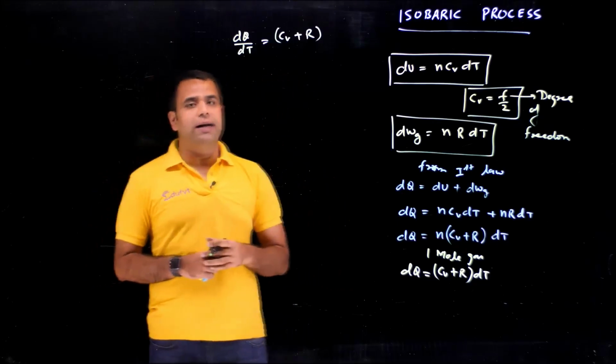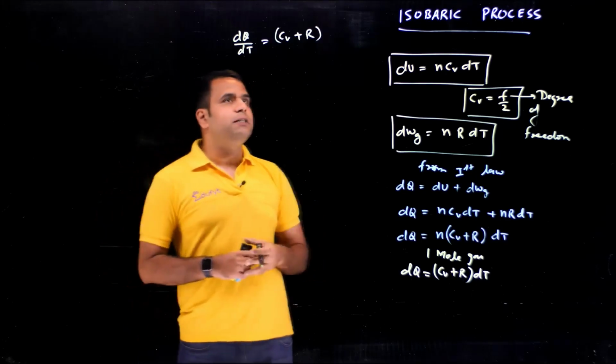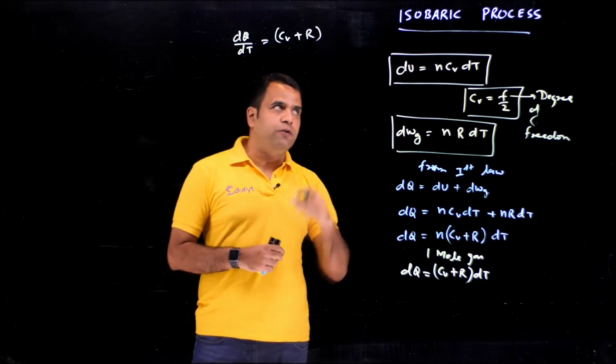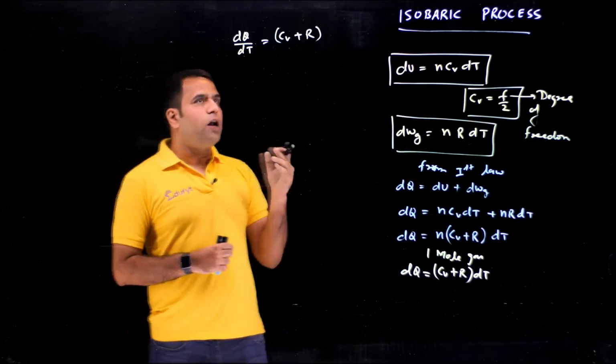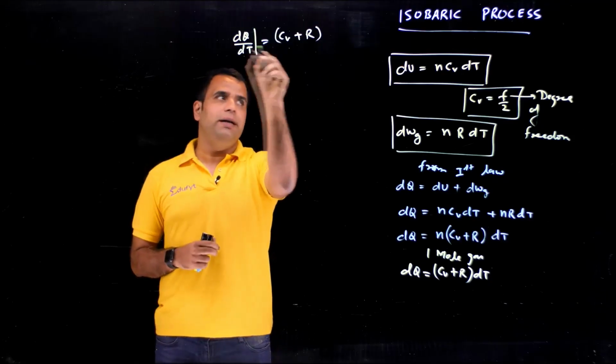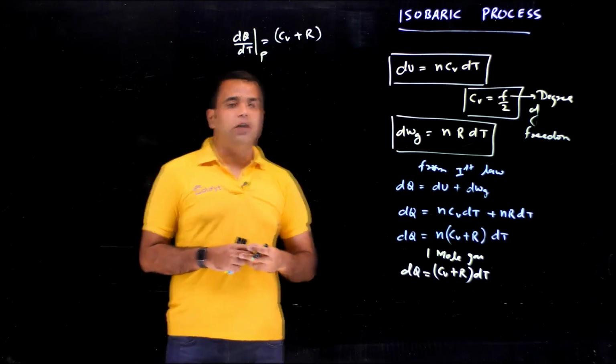The formula for molar heat capacity is dQ by dT. And this time, we have calculated this dQ by dT for isobaric process. So this will become the molar heat capacity for isobaric process, since dQ by dT has been calculated here for a process where P is constant.